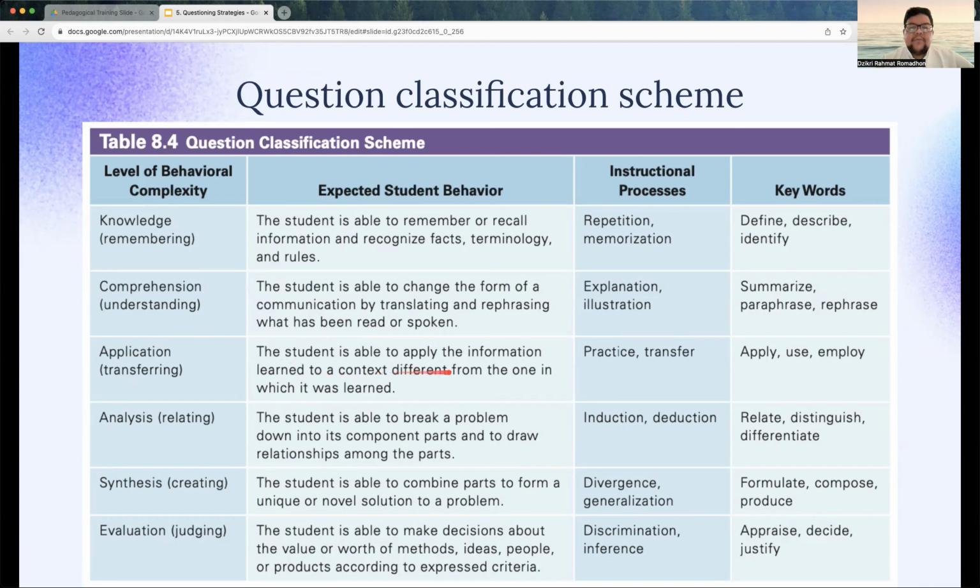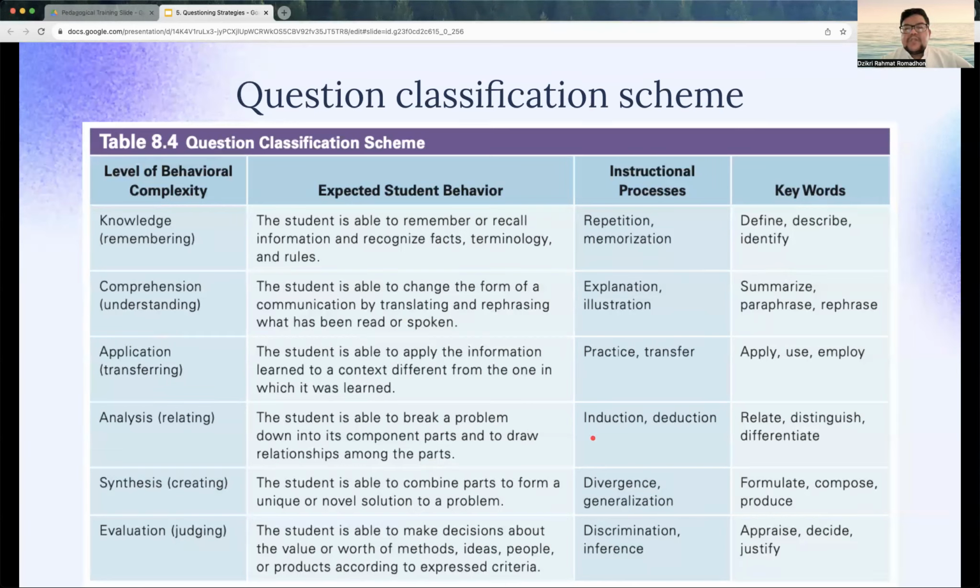Next is application questions. The student is able to apply the information they learn to a context different from the one in which it was learned. So the instructional process the student is doing is practice and transfer. So the keywords are apply, use, or employ. Next, analysis or relating. The student is able to break a problem down into its component parts and to draw relationships among the parts.